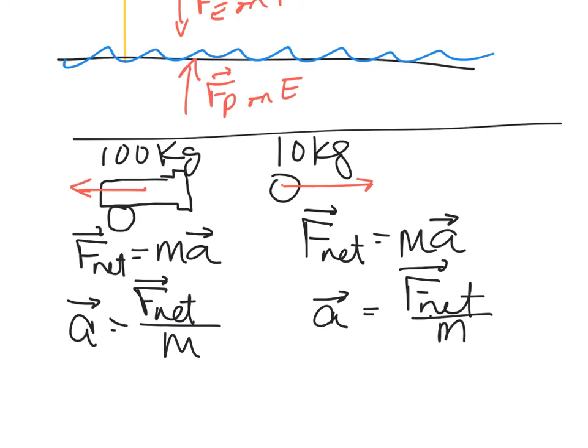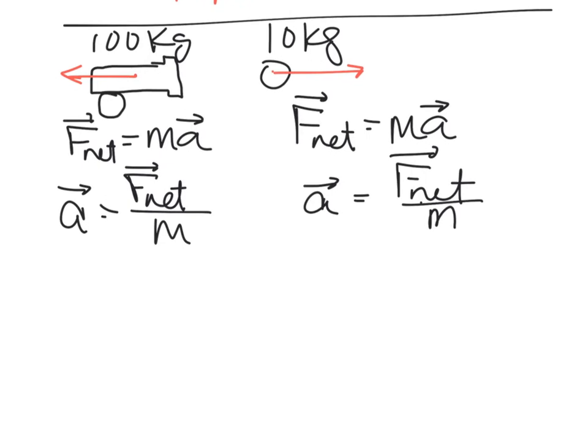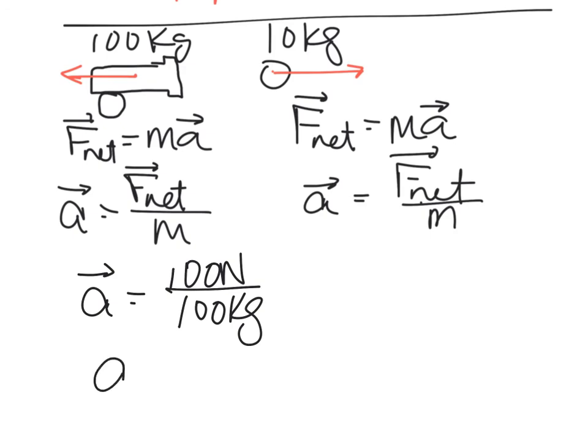So if we say that a force of 100 newtons is created because of the firing of the cannon, then we're going to have different accelerations. So we have 100 newtons divided by 100 kilograms, and the acceleration of the cannon itself is going to be 1 meter per second squared to the left.